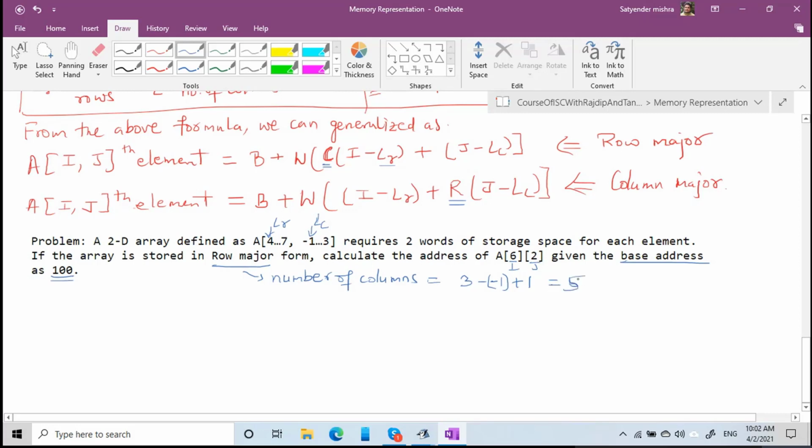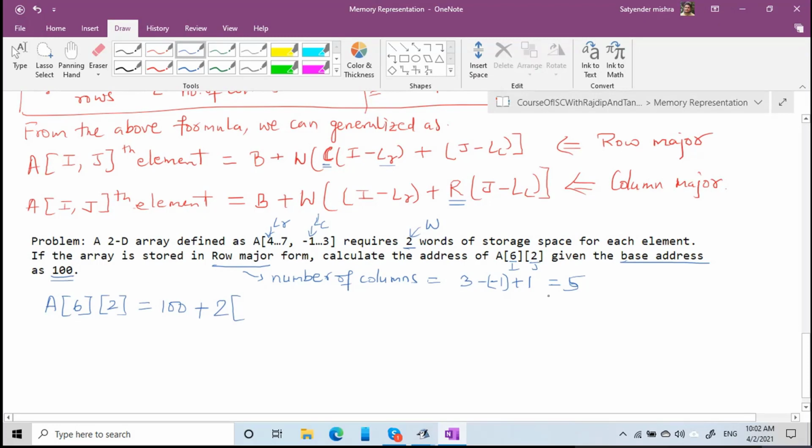So this is what is required for me. Okay, and now I can easily calculate the value. So A of 6, 2, base address is 100. So here we put directly 100 plus the width, which is given here as 2. This is W. And here we have calculated the number of columns, so that is required here.